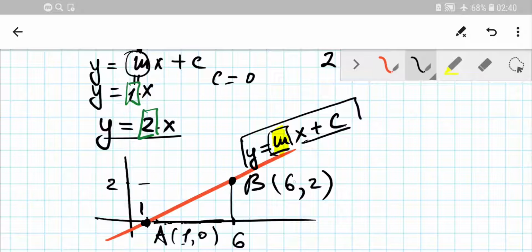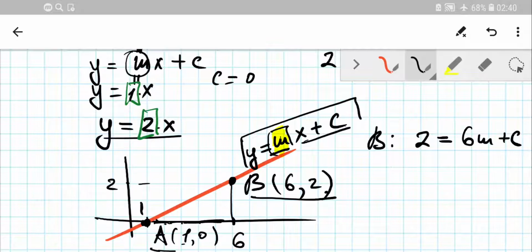We can plug the coordinates of the point B, and then the coordinates of A, into our equation. Why? Because both points lie on the graph. If we plug in coordinates for B, we have y is 2 equals 6m plus c. We can also plug in A's coordinates because it's also on the line, so we have 0 equals 1m plus c.